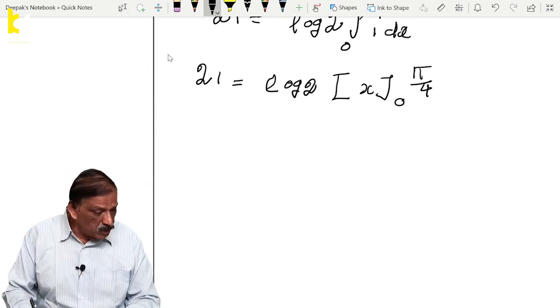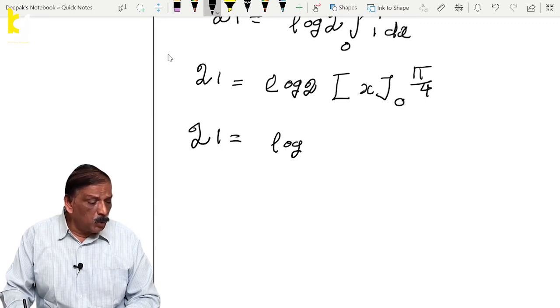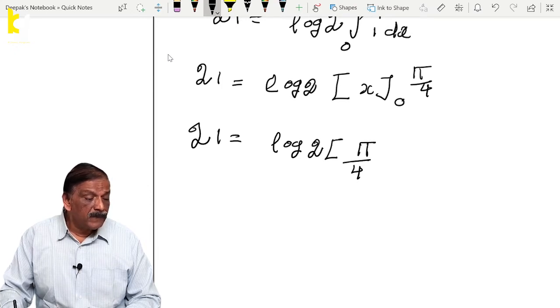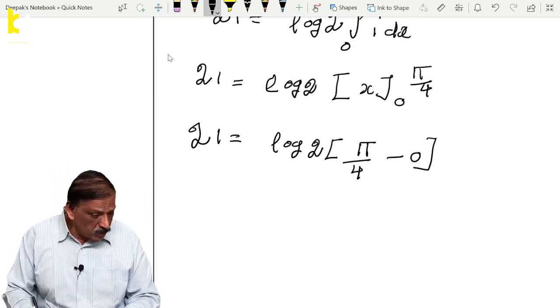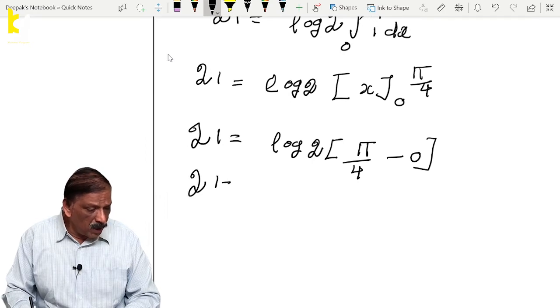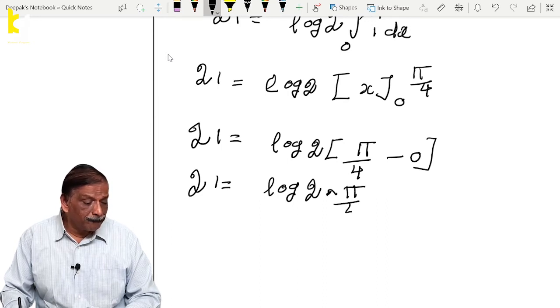So this is equal to 2I equal log 2 into pi by 4 minus 0, applying upper and lower limit. So this is equal to 2I equal log 2 into pi by 4.